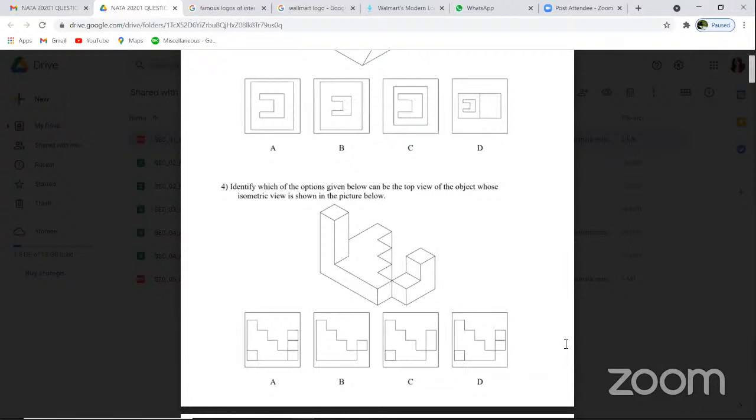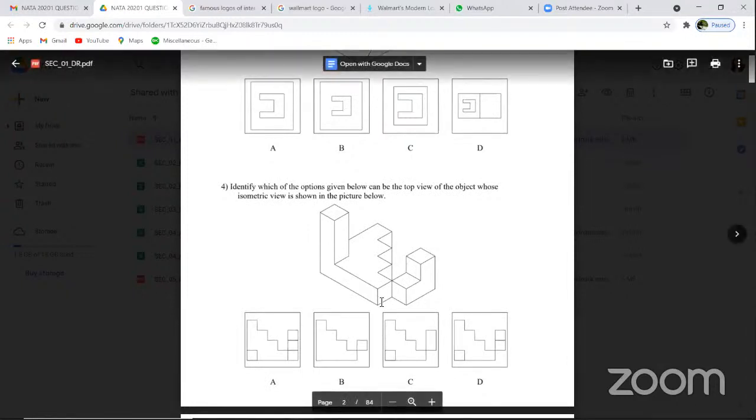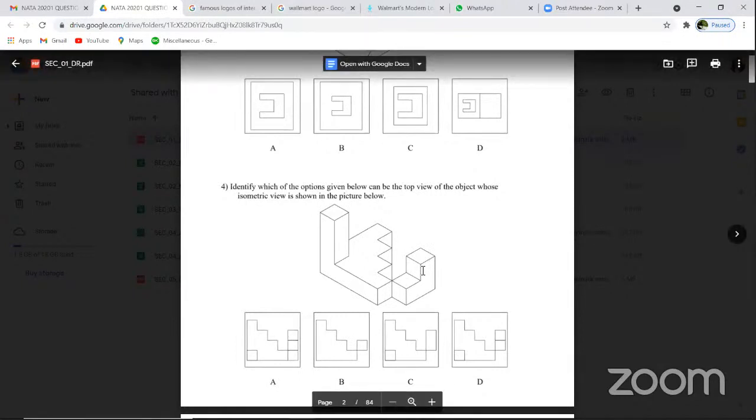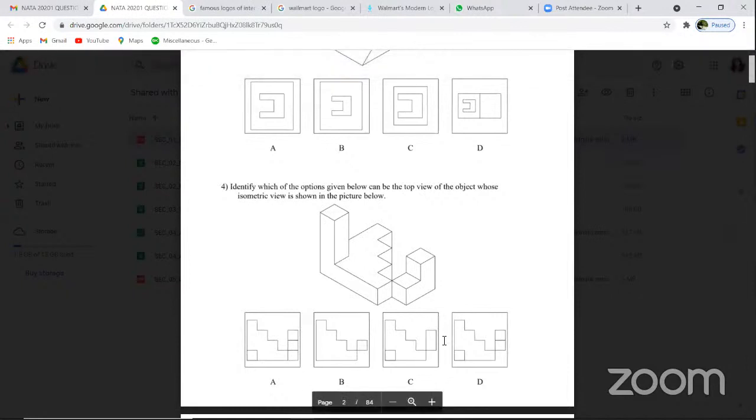Yes. Option D would be correct. Here there are two cubes, here there are three, here there is one cuboid, and here there are two. Only D option comes correct in this case.